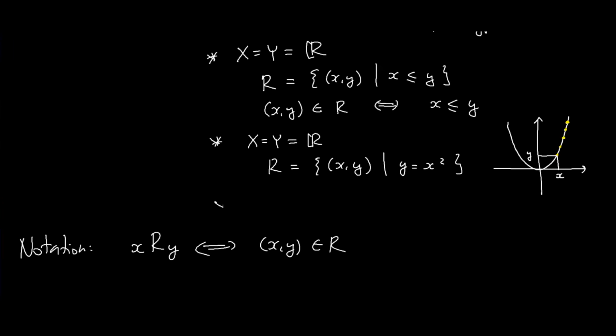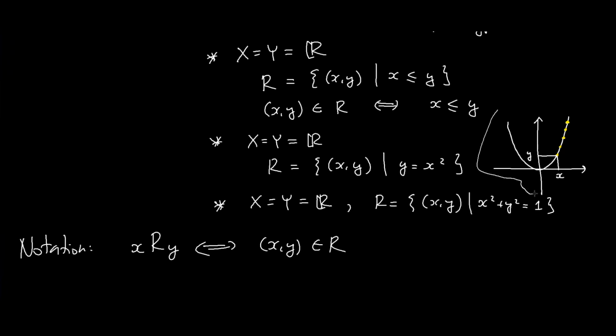But of course, not only functions have graphs. We could have something that's not quite a function. For instance, the set of those ordered pairs x, y of real numbers such that x squared plus y squared equals 1. And then this thing will still have a graph.